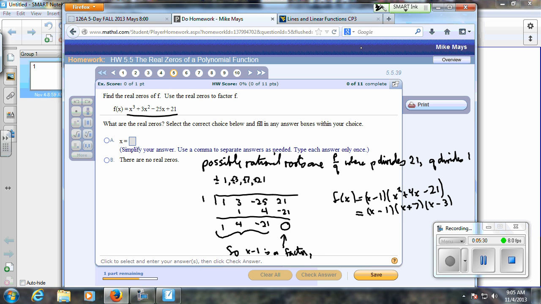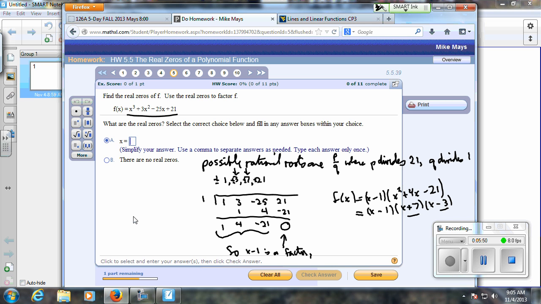Those other values that come out, x plus 7, so x is equal to minus 7, and x minus 3, so x is equal to 3, those were already in my list of possible rational roots. So I've got several real zeros that I can write down.